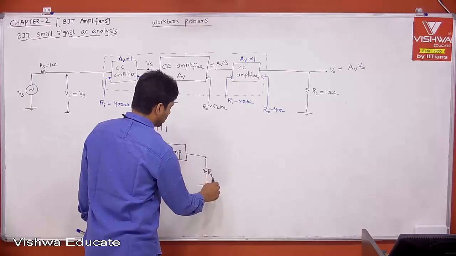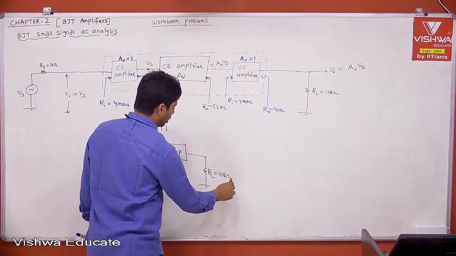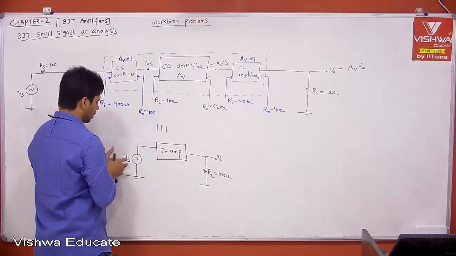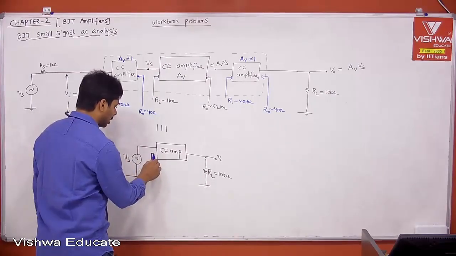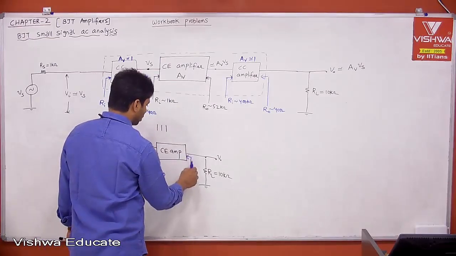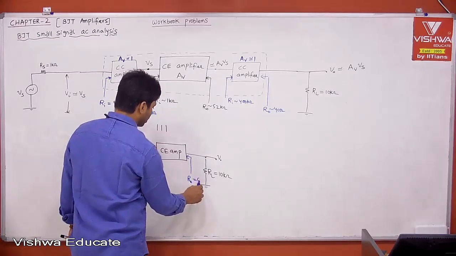Let us say this is your actual load, 10 kilo ohm, and this is your V0, and this is your VS. Now here indirectly the Ri of your CE amplifier is infinity, and the R0 of the CE amplifier is equal to 0.